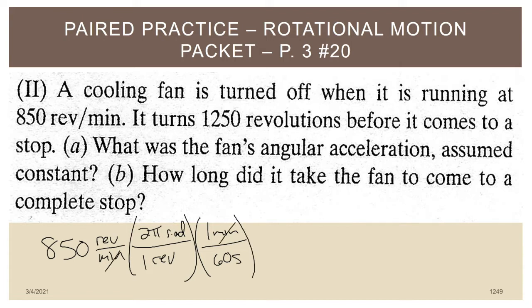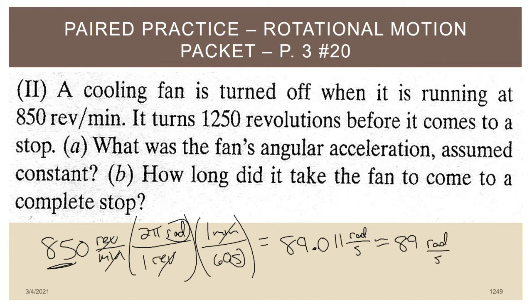Minutes cancel minutes, revolutions cancel revolutions, and we're left with radians and seconds. When we take 850 and multiply it by 2 pi over 60, we get 89.011 radians per second, or to 2 sig figs, as the original measurement is given in, 89 radians per second.